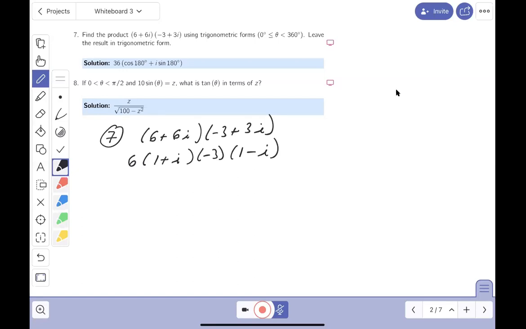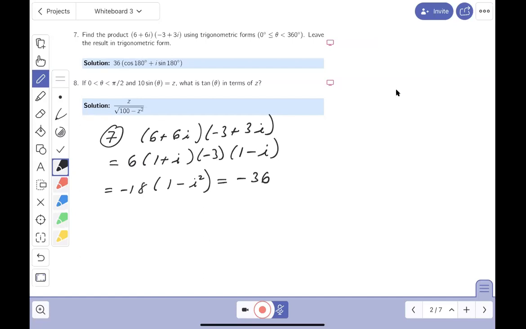Well, I'm going to commute the 6 and the -3 together, and that's -18. And then I get 1 plus i times 1 minus i, which is going to be 1 minus i squared, which is going to be 2, because i squared is -1. That's -36. So I definitely found the product. No doubt about it.